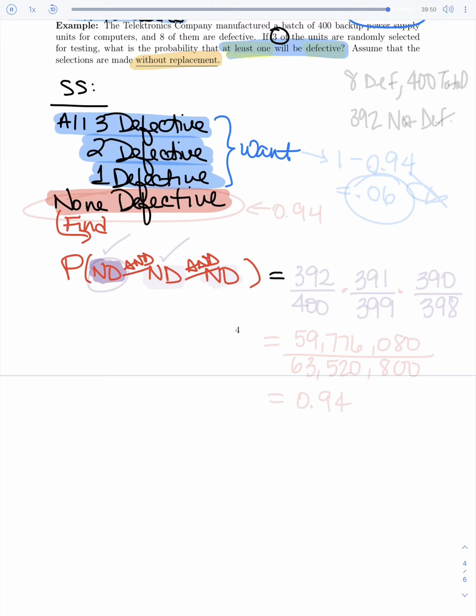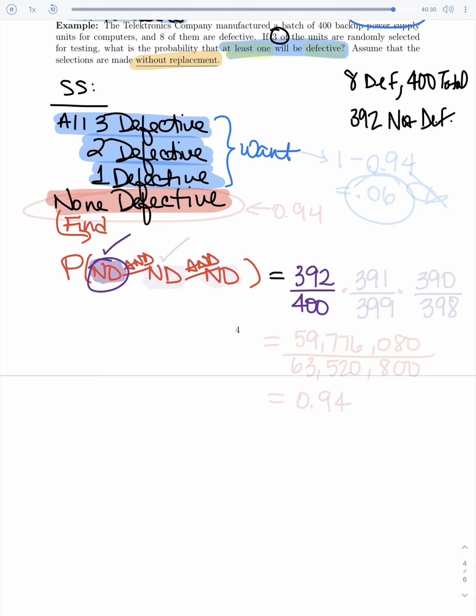Well, there were 8 that were defective, so there's 8 defective out of 400 total, then that means that the other 392 are not defective. So that's what I'm going to use, the fact that 392 out of the 400 are not defective. So that's my chances for my first selection not being defective.